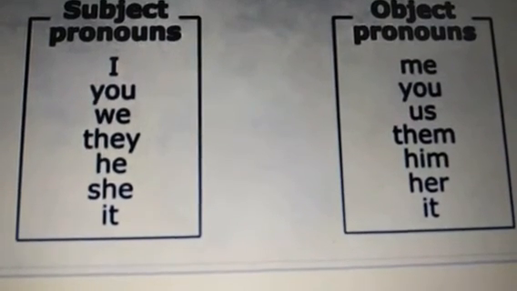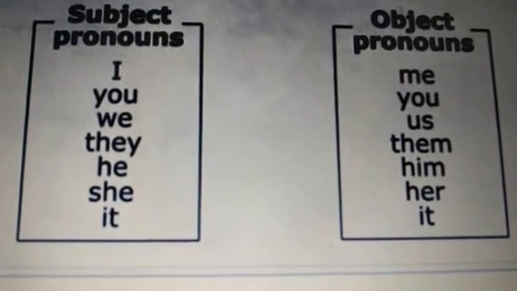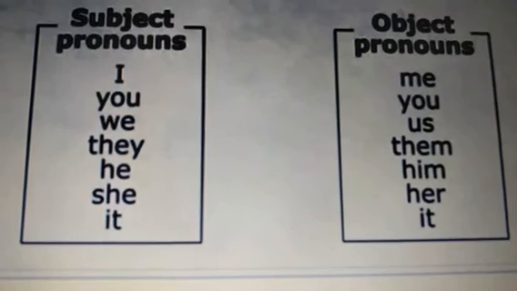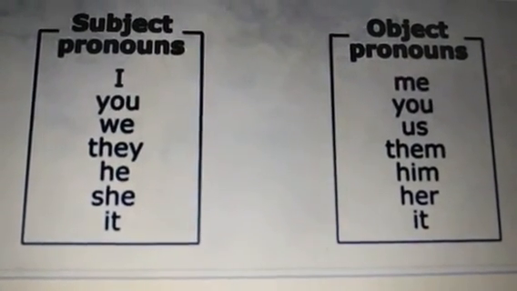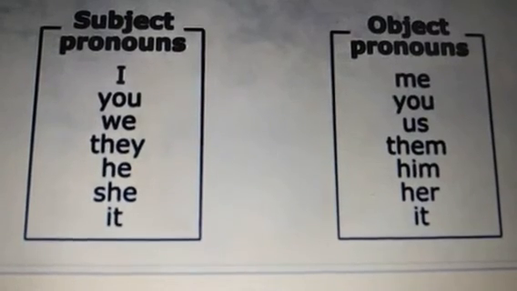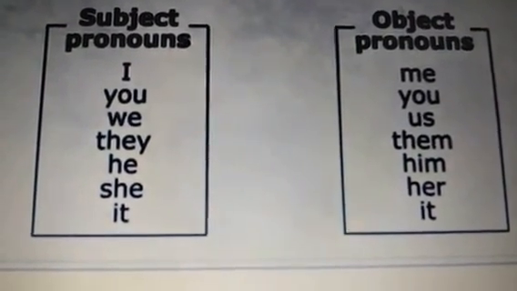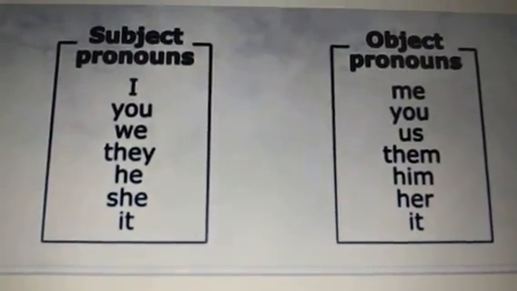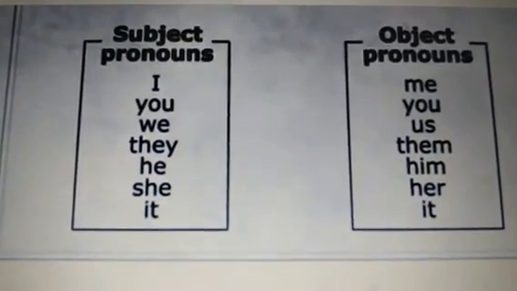Yes, we use object pronouns. These are me, you, us, them, him, her, and it. Now there are other pronouns in English such as his, her, this, that, etc. But we'll talk about them in detail when we come to the lesson on pronouns. For now, just remember, a pronoun replaces a noun in order to avoid repetition and to make our speech sound more natural. Thank you.